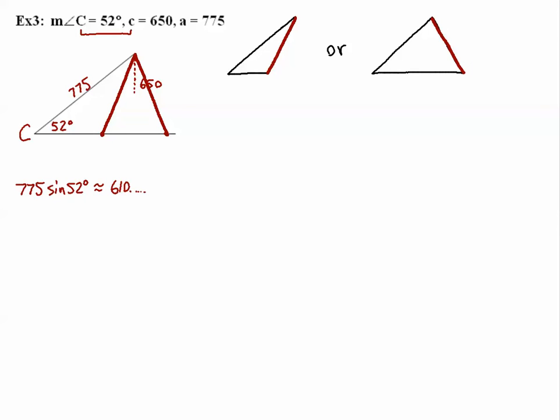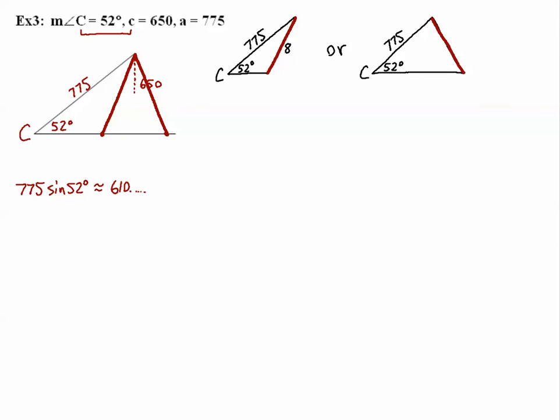Okay, so let's label our stuff. We still know that this is angle C, of course. That's our 52 degrees. 52 degrees. We know that this is 775. That was given, so that's 775. And we know that this hinging side is either 800 this way inside, or 800, not 800, what am I doing?